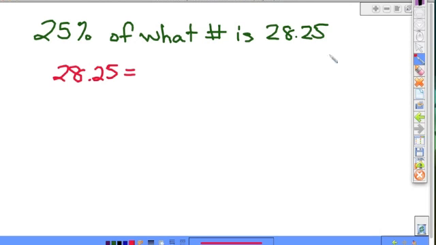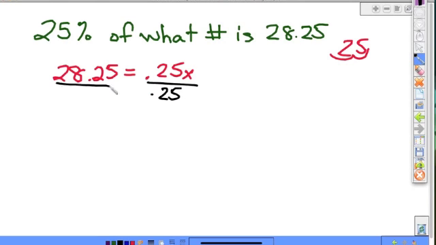We have our percent. Remember, 25%, we go to the left, and I get decimal 0.25. We don't know what our whole number is, so we put x. I want the variable by itself, so I'm going to divide by 0.25. What I do to one side, I do to the other. So divide by 0.25. These cancel, my x comes down.